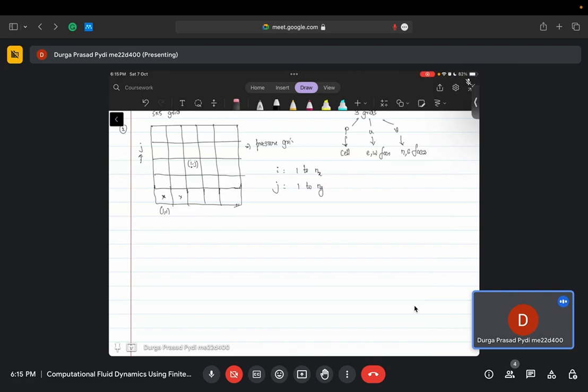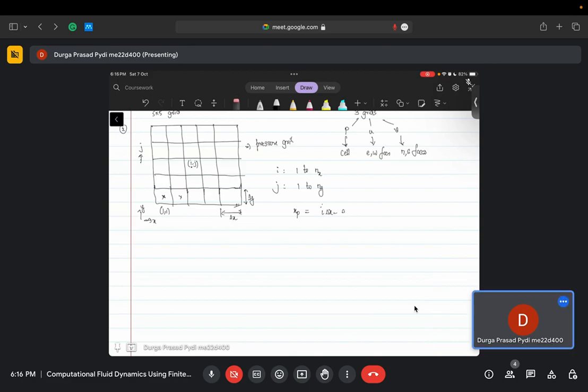Suppose we have a uniform grid. This is delta x and this is delta y. Any cell centroid xp can be written as I times delta x minus delta x by 2, or maybe that is easier to understand: I minus half, times delta x.